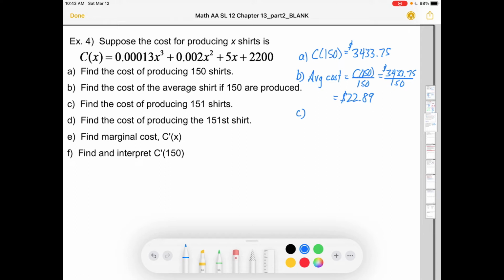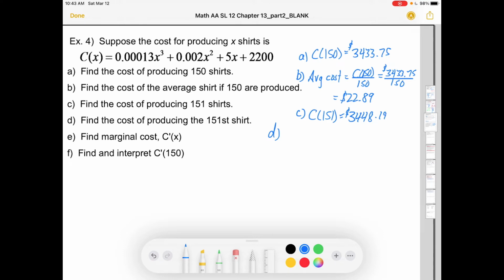So the cost of producing 151 shirts, we could figure that out. Put in 151, and we'll get $3,448.19, rounding to the nearest penny. Then it asks us, what's the true cost of producing a 151st shirt?